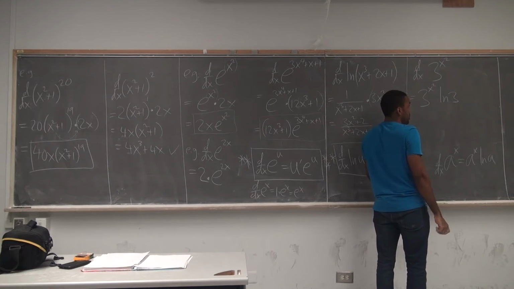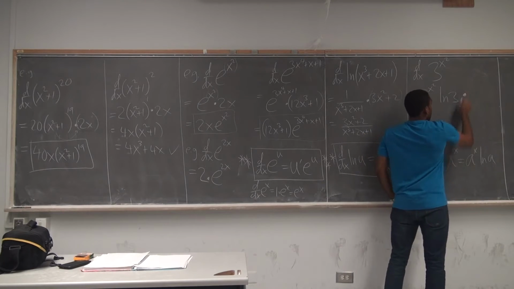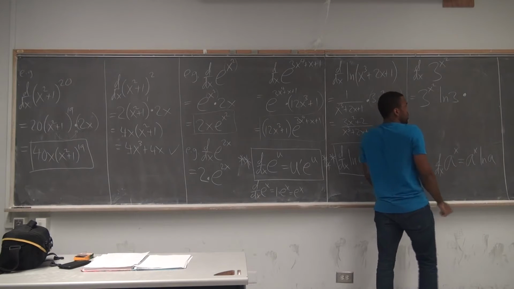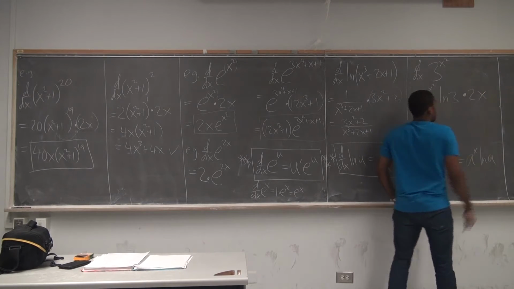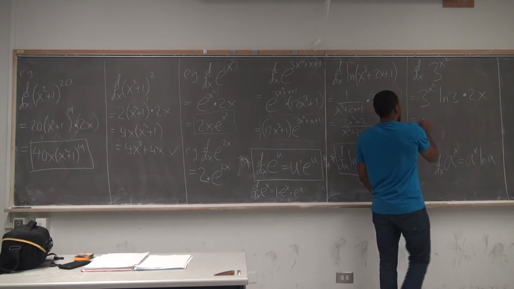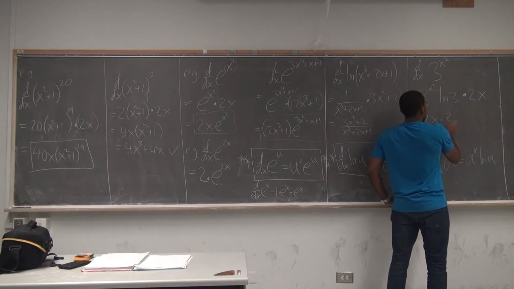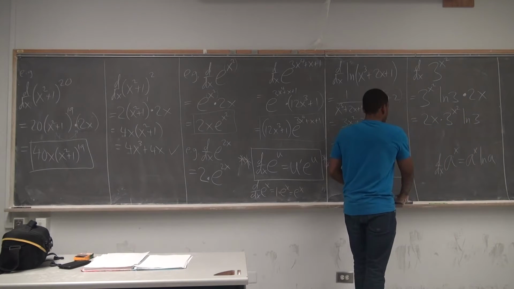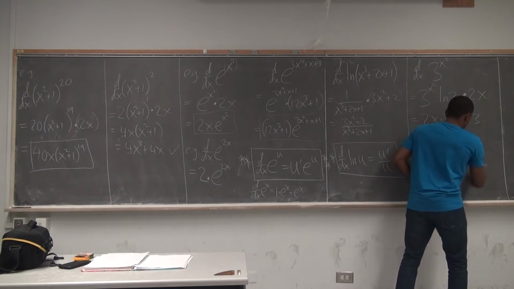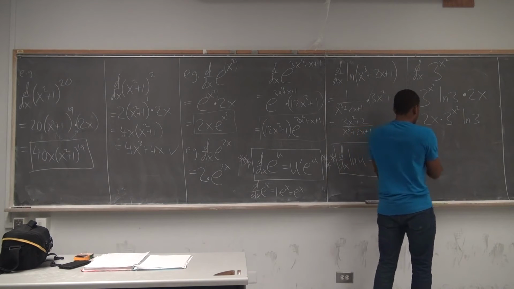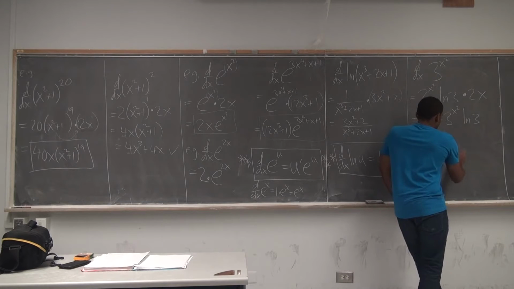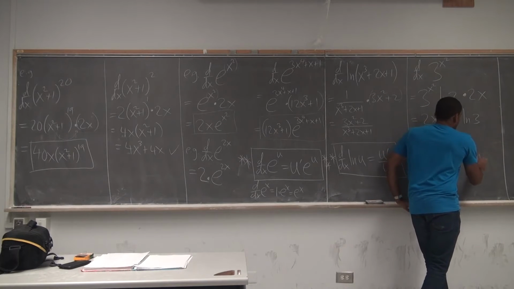But then we have to apply the chain rule, which says multiply by the derivative of the inside function. In other words, this is going to be 2x times 3 to the x squared times ln 3. And in fact, we can generalize this rule. The derivative of a to the u is u prime times a to the u times ln a.